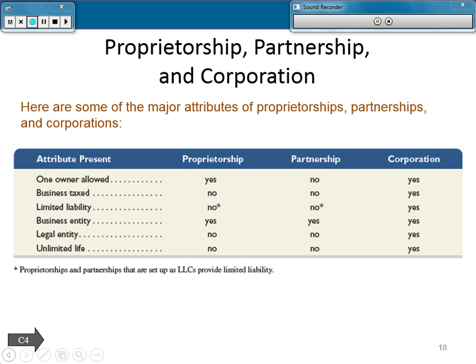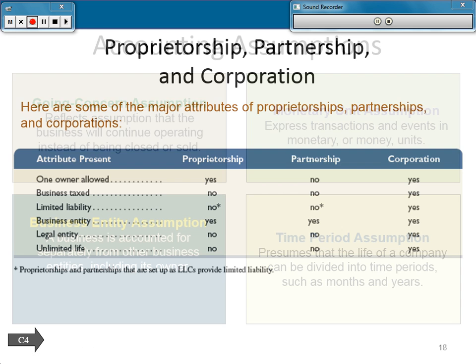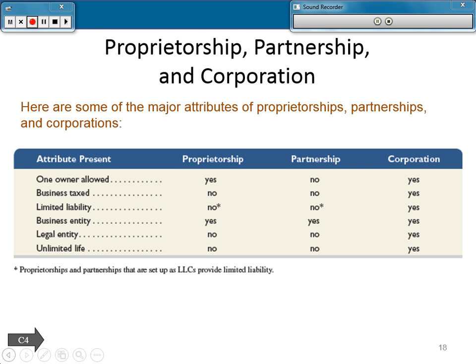Okay? So this is what I was talking about with the business entity principle, right? Sole proprietorship, partnership, and corporation. With a proprietorship, only one owner is in effect, right? Is the business taxed? No, because it's a sole proprietor. Limited liability?